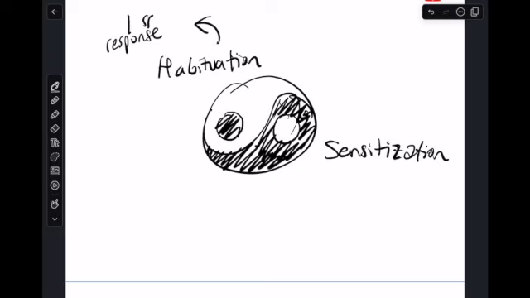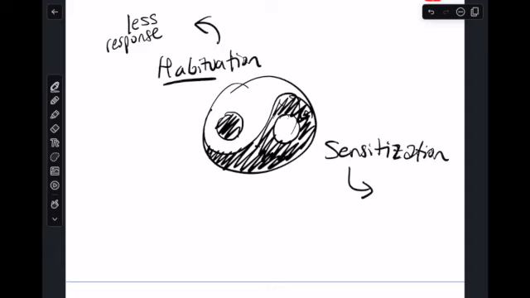It's a neurology concept, because your neurons release less neurotransmitter each time you receive the stimulus. The more you keep doing it, basically you're getting used to it. It's becoming a habit. So you just get used to it and you don't really react anymore.